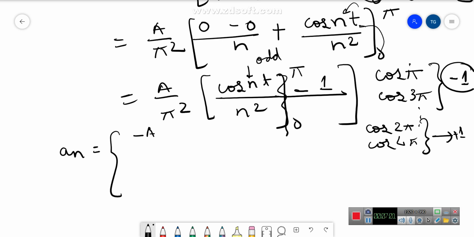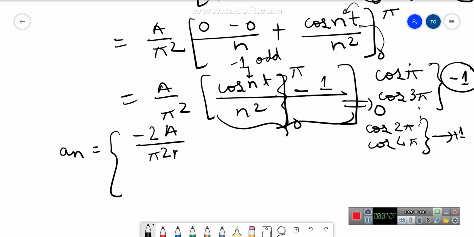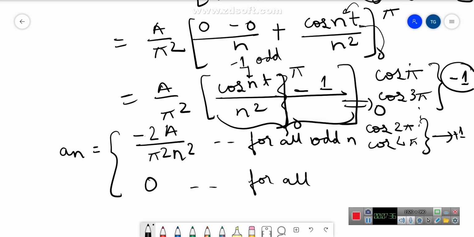So for odd n, the value is -1, and for even n, this will become 0. So for odd n, this will become -2. So an is equal to minus 2A by pi square n square for all odd n, and it is equal to 0 for all even n.